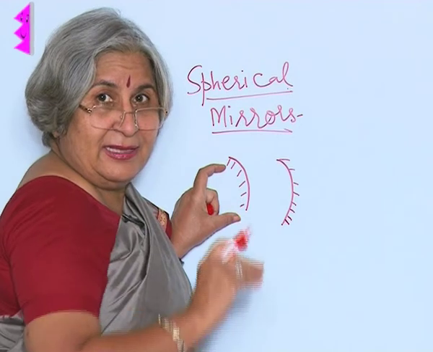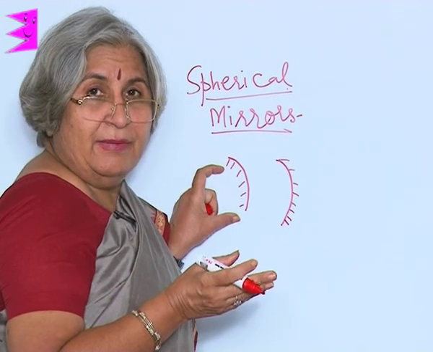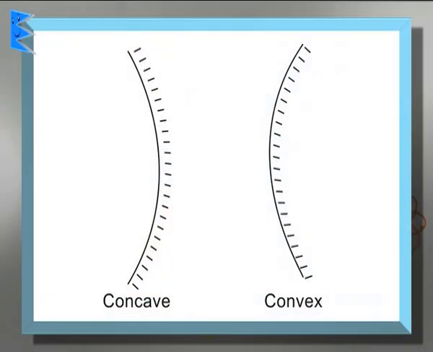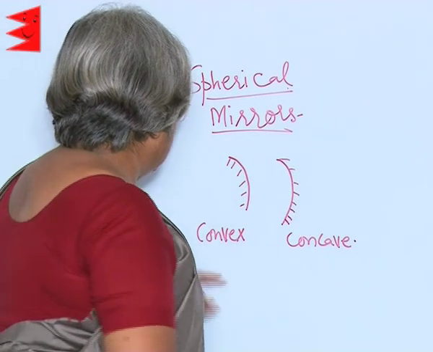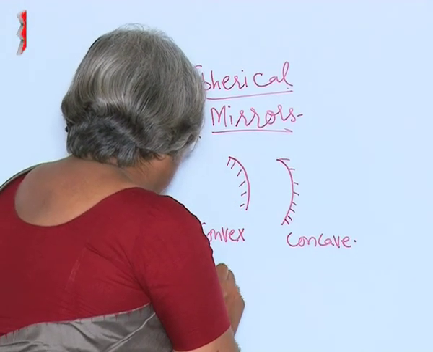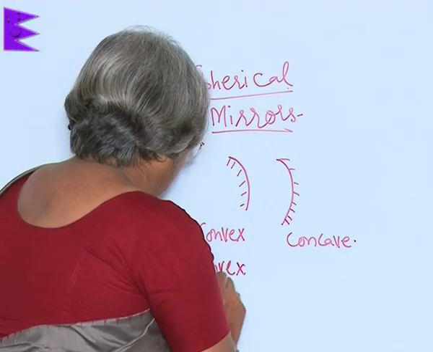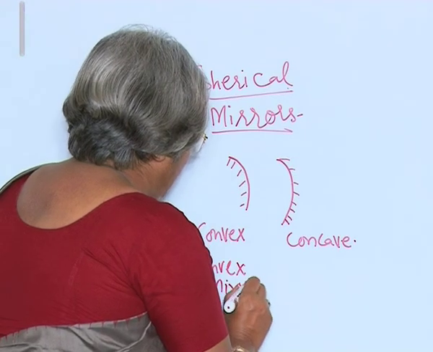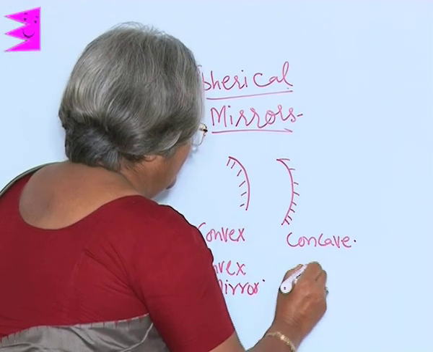Now, when the surface is bulging out, it is called convex, and when it is carved in, it is called concave. There are mirrors also like that. So, a mirror which is convex is called convex mirror, and which is concave is called concave mirror.